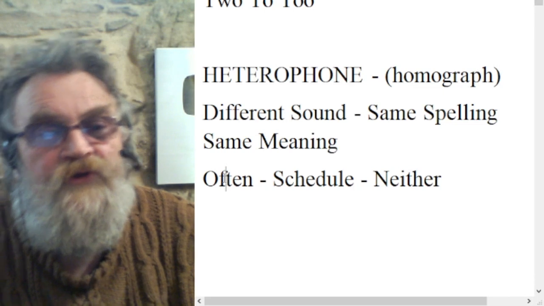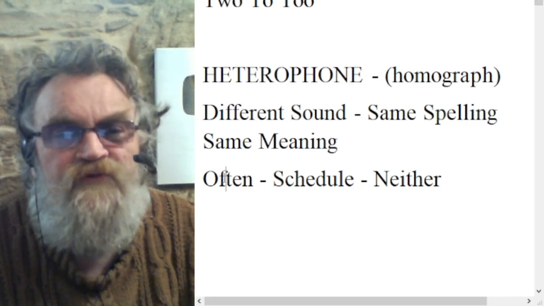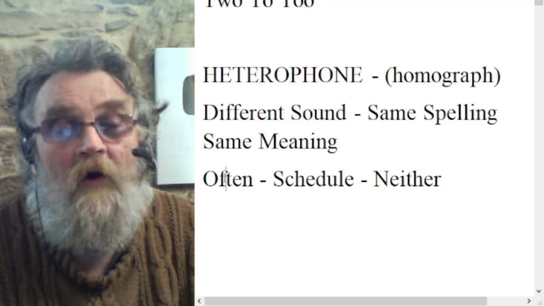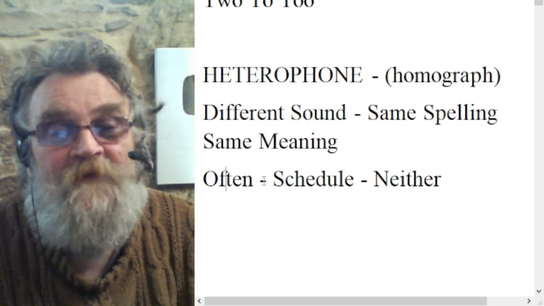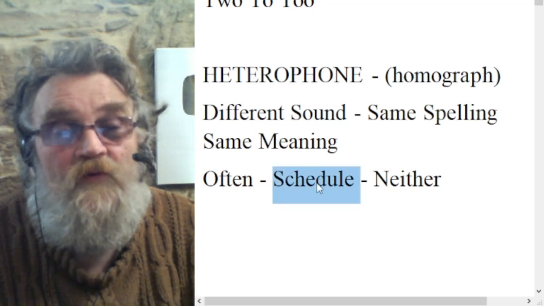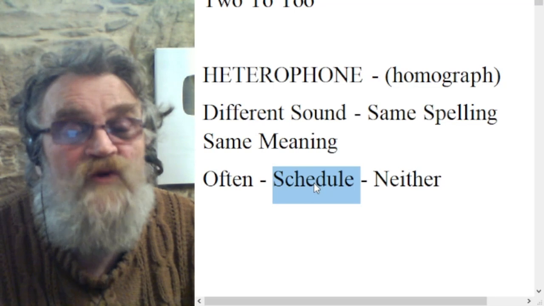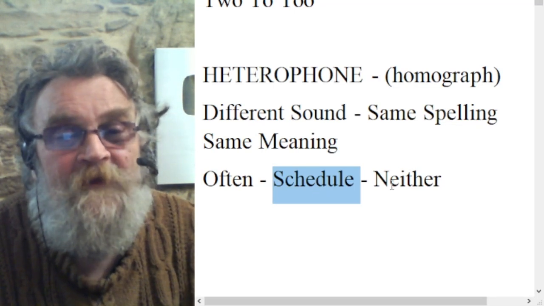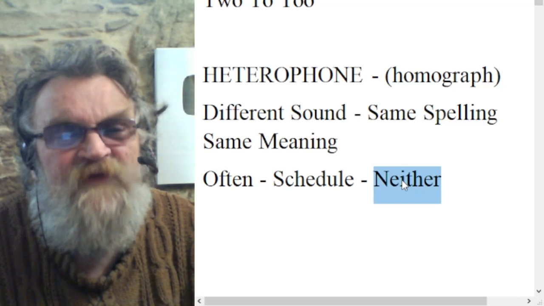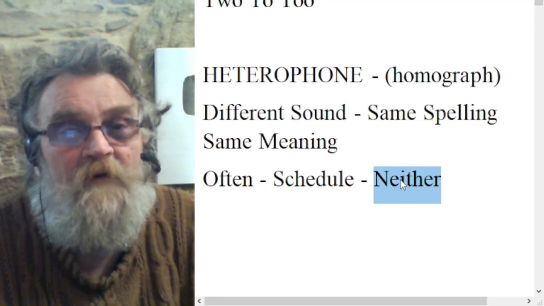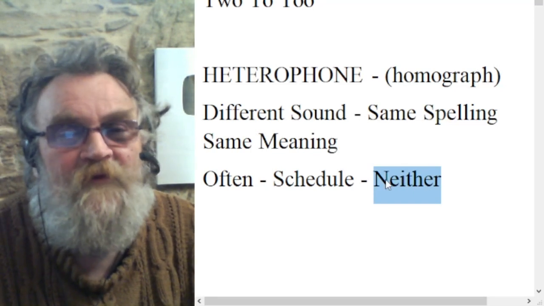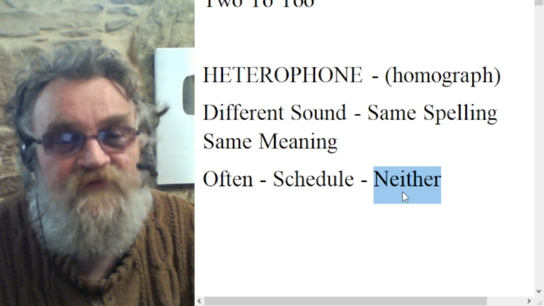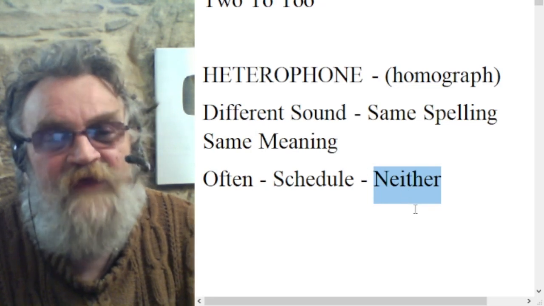So do you say often or do you say often? Well, I often say often and I often say often. Schedule or schedule. Well, I normally say schedule, but I sometimes say schedule. Neither. Is it neither or neither? Well, both are perfectly acceptable. So, different sounds, neither or neither, same spelling, and the same meaning.